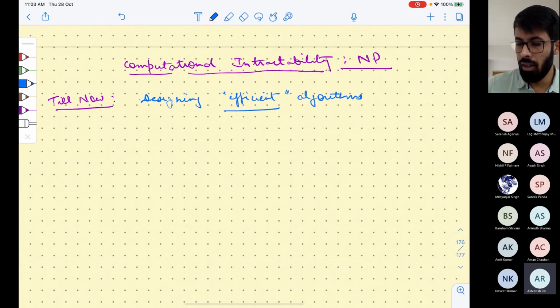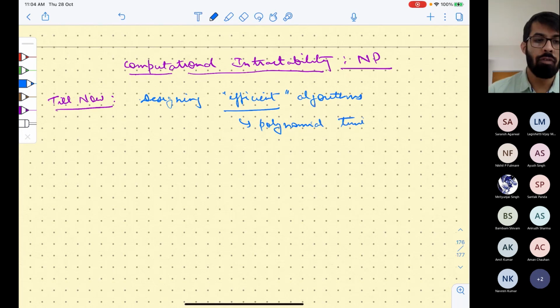And what has been our working definition of efficiency? It's polynomial time. So an algorithm is efficient if it is a polynomial time algorithm, right? And we have seen many problems which can be solved in polynomial time, using different approaches.